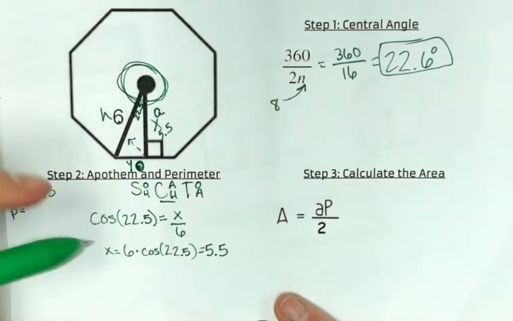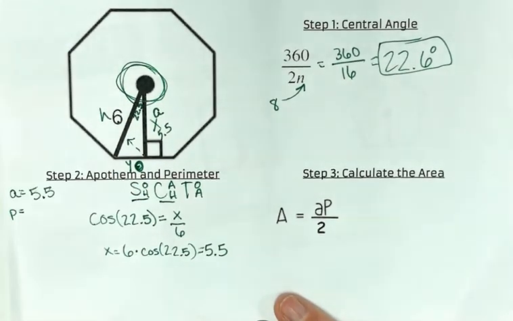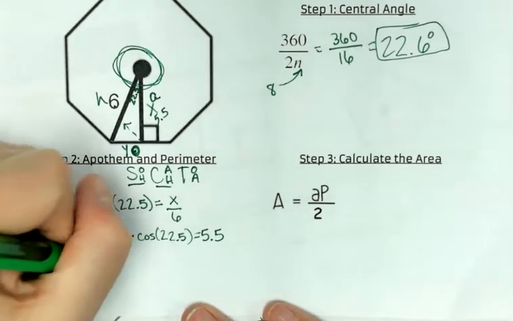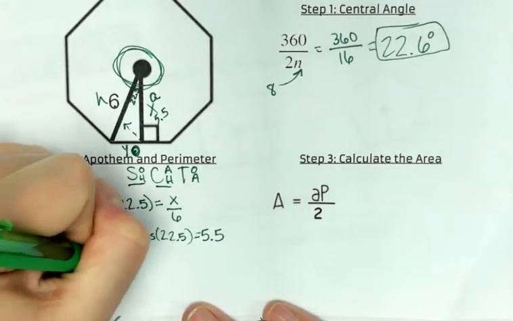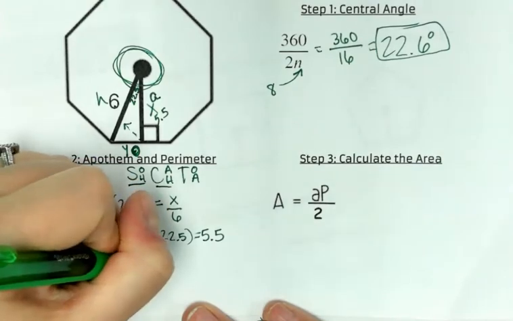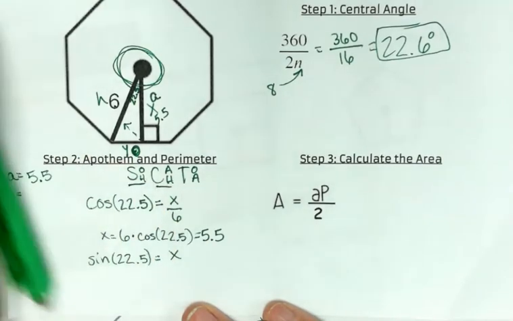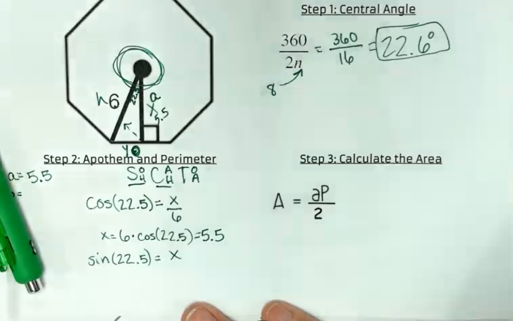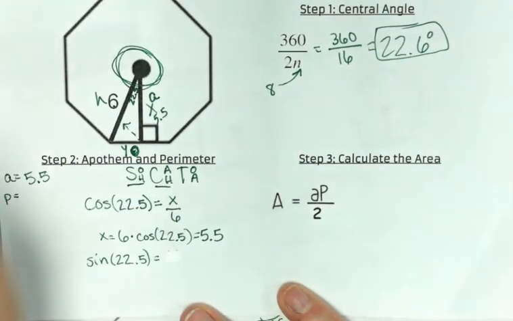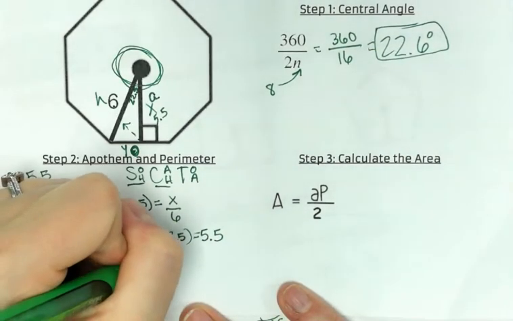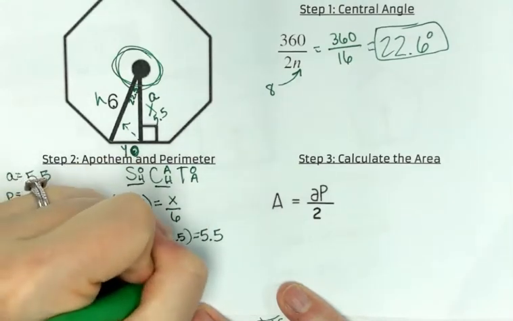So opposite over hypotenuse. For the second one, I'm using sine. All right, so sine of my angle equals y, because that's what we're solving for, over 6.